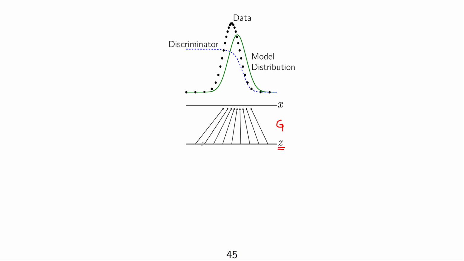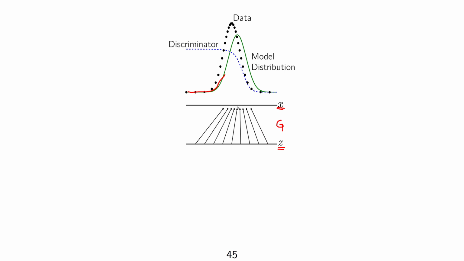So what the generator does, it takes these random values, maybe from some range, maybe a uniform distribution, and then it warps them to generate a new distribution. The output of the generator is x, and since the values are more concentrated in the middle, we'll now have a model distribution that is this green curve here.